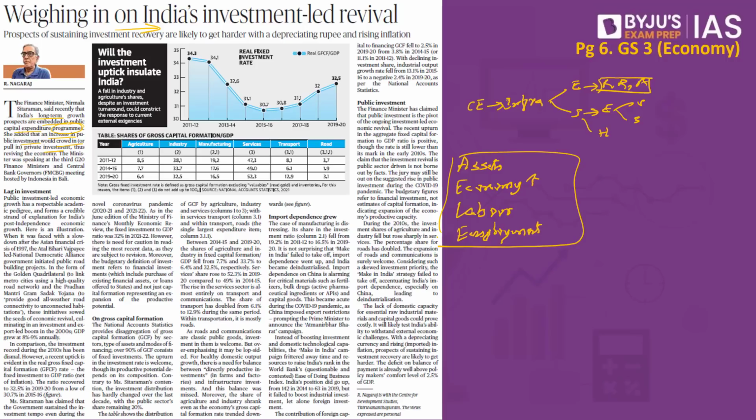What is the difference between capital expenditure and revenue expenditure? Whenever we are speaking about capital expenditure, what we are creating is assets for the future. We are constructing roads, we are constructing railways. So these are the assets, and the government is also acquiring land as well, and in the near future it will generate profits and dividends.